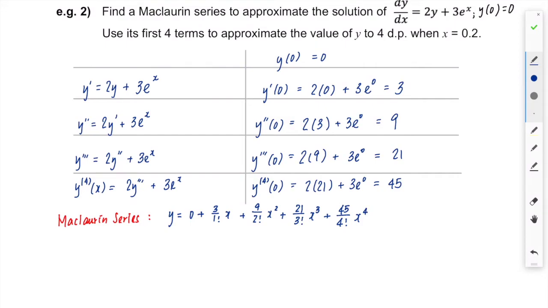Okay, and so we can simplify it, or if you want to do the substitution and simplify at the same time, that's all right as well.